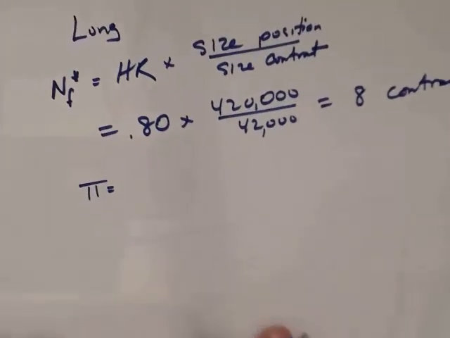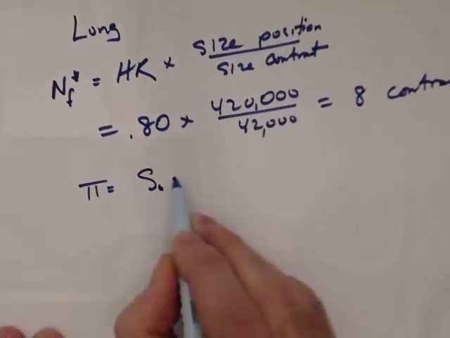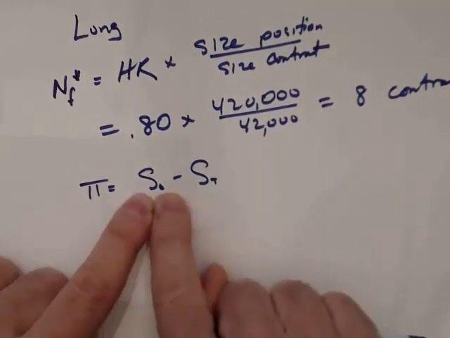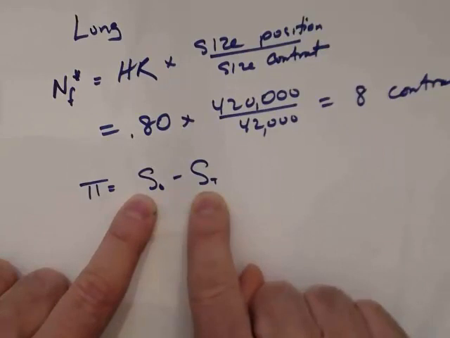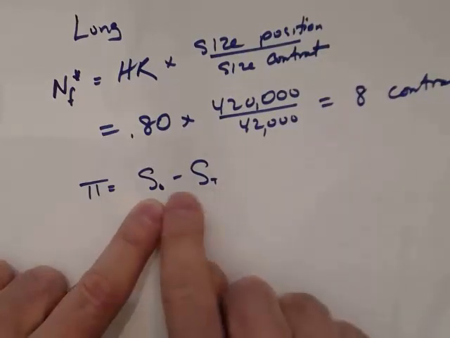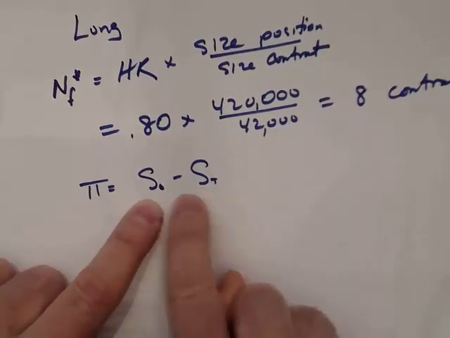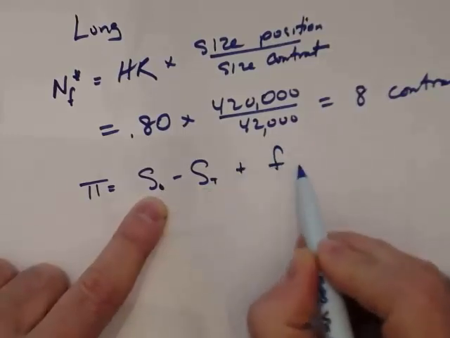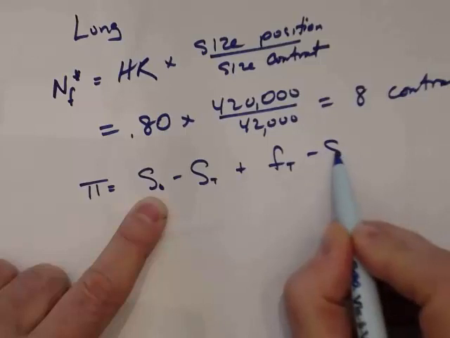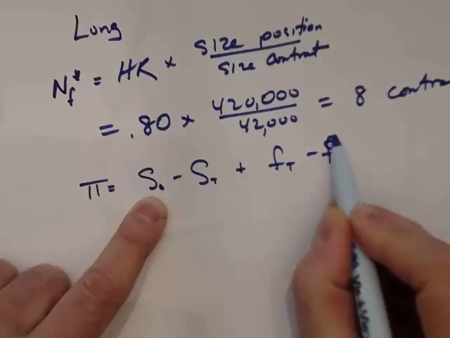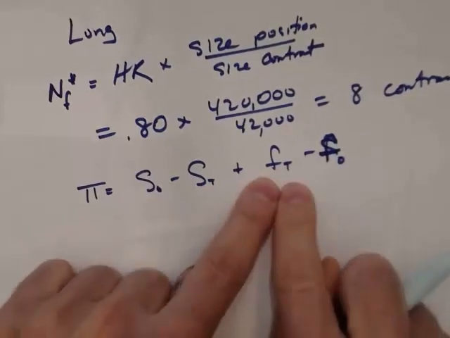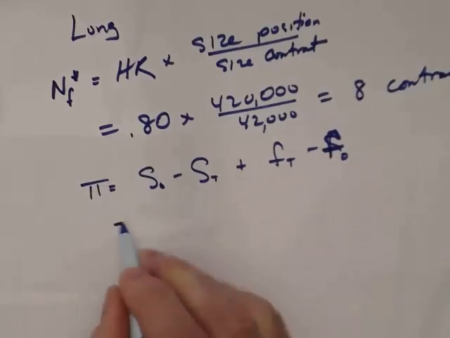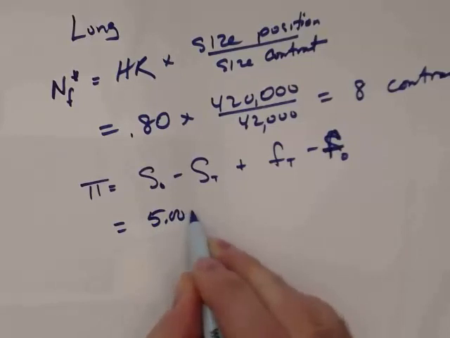This formula: spot at expiration minus the spot at the time of implementation. This is when you have a short position, remember? This is the anticipatory hedge. Plus now you have the long futures, where you take the futures at expiration minus the futures price when you implemented the hedge. Plug in the numbers.